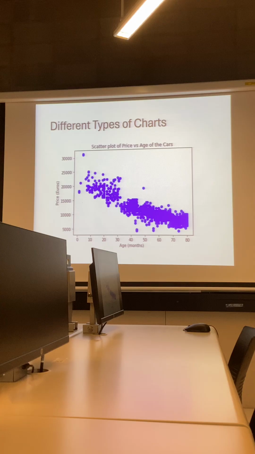Now you, Thomas, what is the name of this chart? Scatter plot. Scatter plots usually compare two things. What things do they compare?